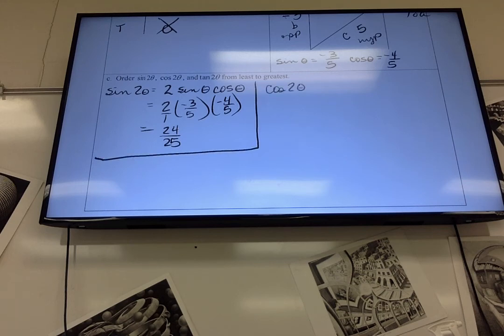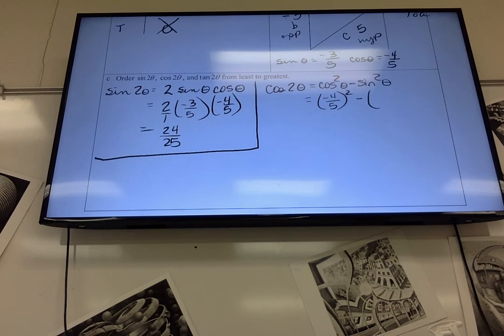Cosine of 2 theta. We know there's lots of formulas. One was cosine squared minus sine squared. What was cosine? Negative 4/5 squared minus sine.